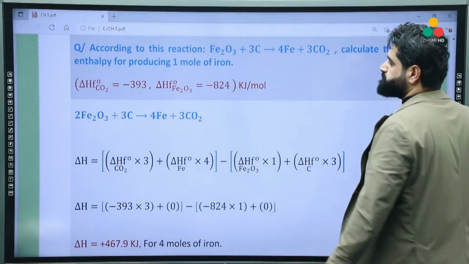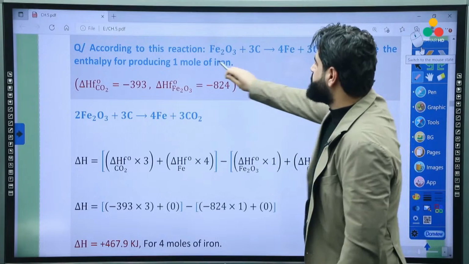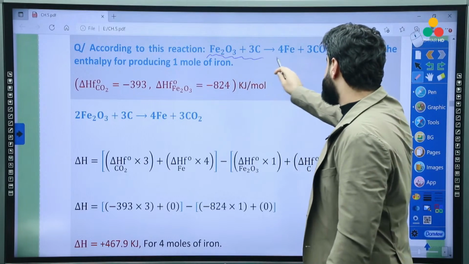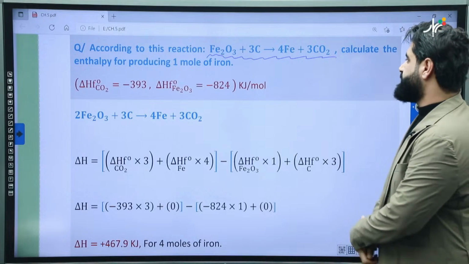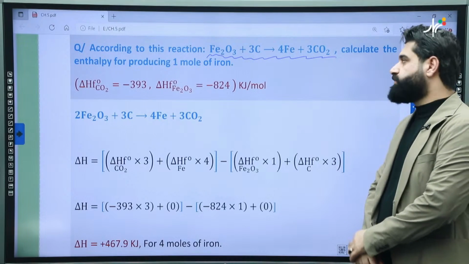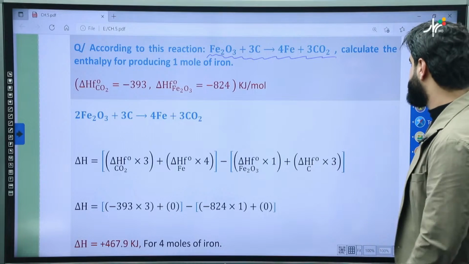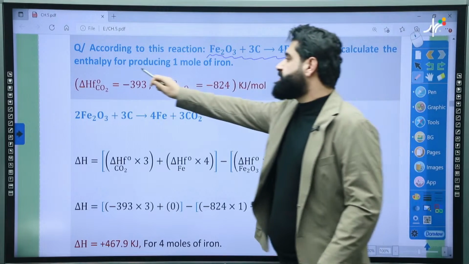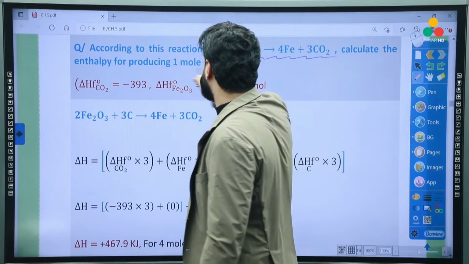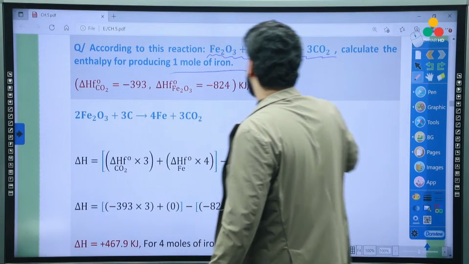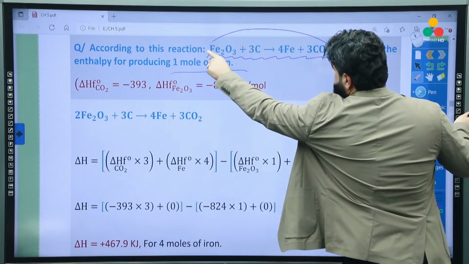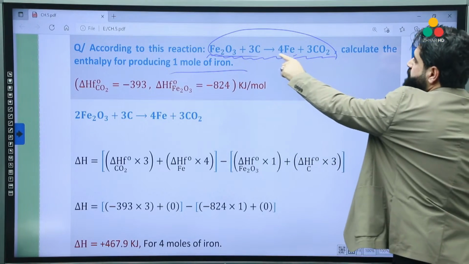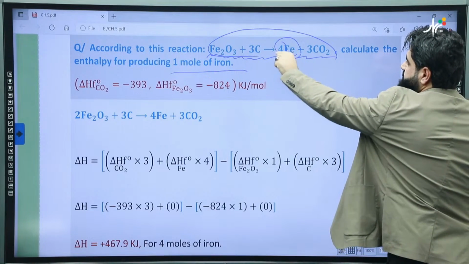Look. According to this reaction, my dear students, if we have a reaction given by the question itself, you have to be careful, okay? There will be a trick. Calculate enthalpy for producing 1 mole of iron. Look, first step, you have to calculate enthalpy for this reaction. How many moles of iron are produced? 4 moles.